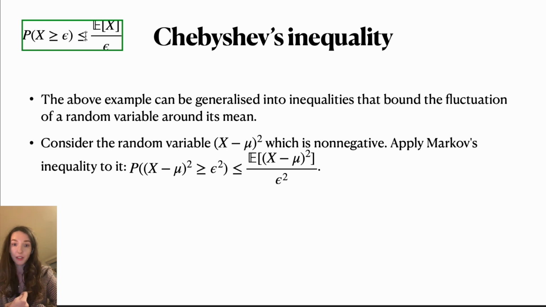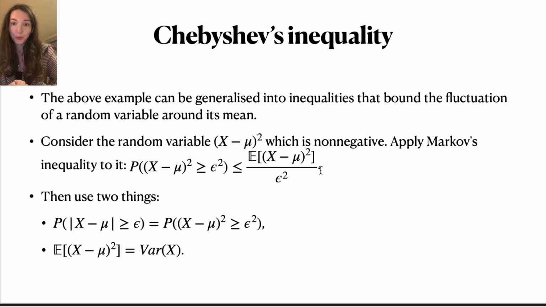This variable is non-negative, so we can directly apply Markov's inequality to obtain that the probability of (x minus mu) squared being greater than some epsilon squared is bounded by the expected value of that random variable divided by epsilon squared.